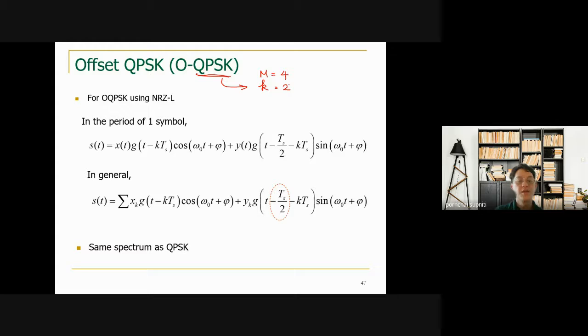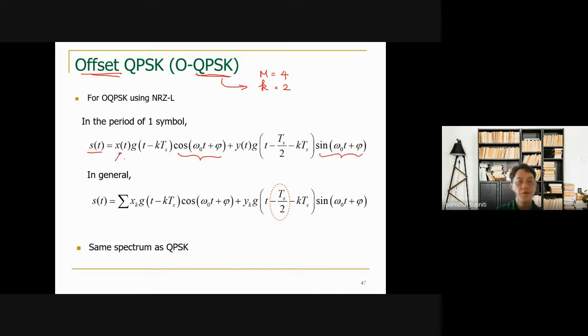There is one variant of QPSK, the so-called offset QPSK. I'm not going to go much into it, but if you remember from last time, the signal of QPSK that we send out consists of the cosine and also the sine of the carrier.